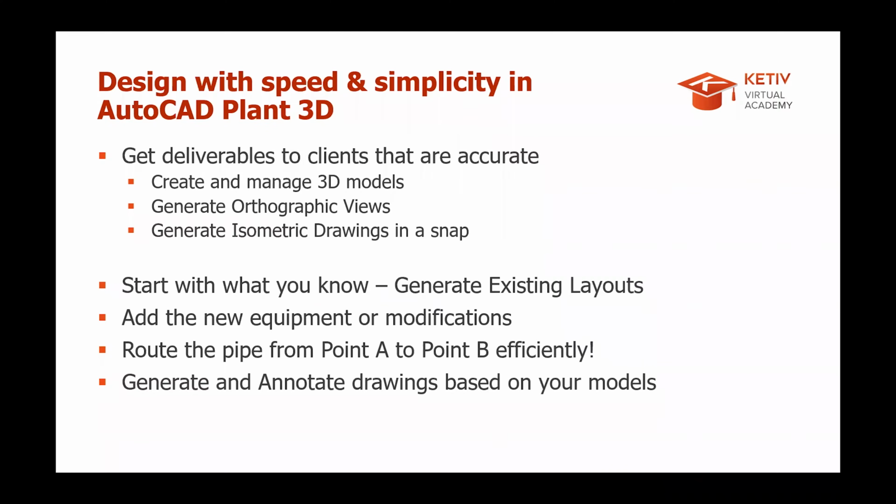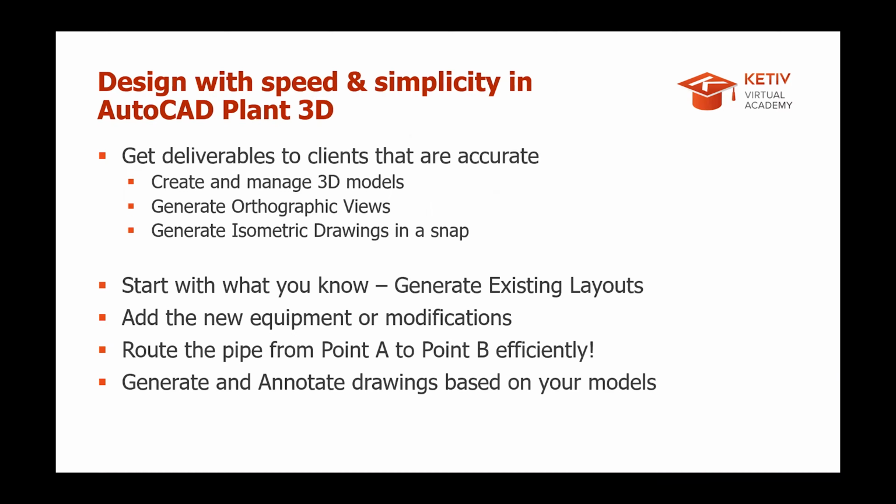Once you have that set up looking like you want it to be, go ahead and start adding in your new equipment or your modifications. With Plant3D, and we'll go through this with the demonstration, the easiest way is get your equipment in place and then route your pipe in direction of flow, if possible, from point A to point B.